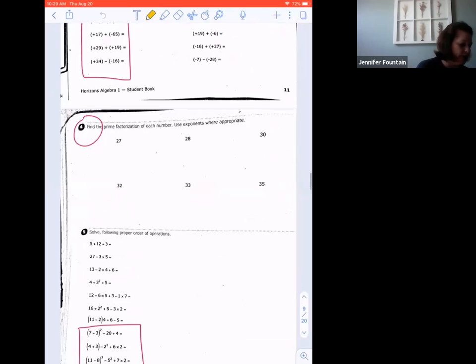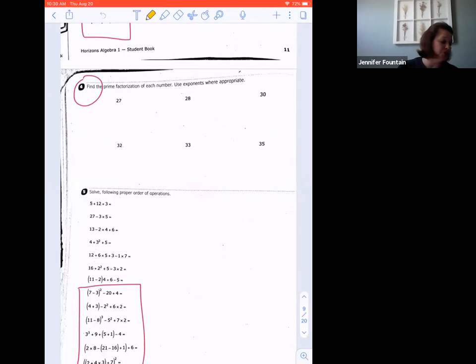Page 12, activities 4, we were doing prime factorization of our numbers and using exponents where appropriate. So our prime factorization for 27 was 3 times 3 times 3, which I would write as 3 to the third power. 28 was 2 times 2 times 7, so that should be 2 squared times 7. 30 would be 2 times 3 times 5.